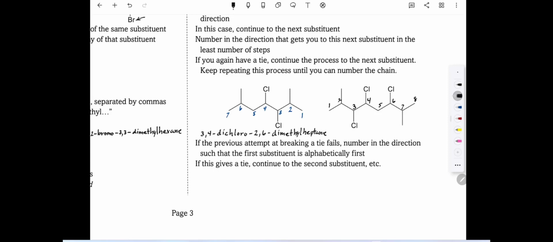So we have 3 chlorines and 2 methyls. Again, we alphabetize with chlorine coming first. So the chloros are on carbons 3, 4, and 6. You'll notice again those numbers are always listed in order. So we have 3,4,6, 3 chlorines, so trichloro.